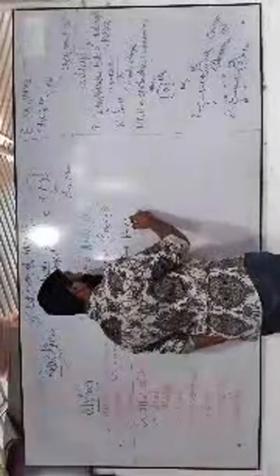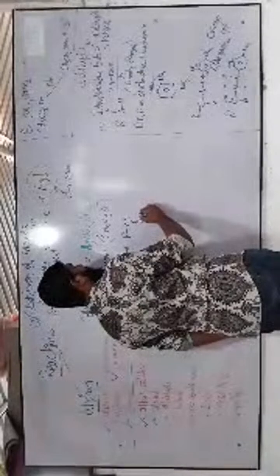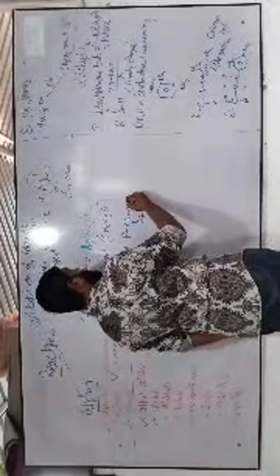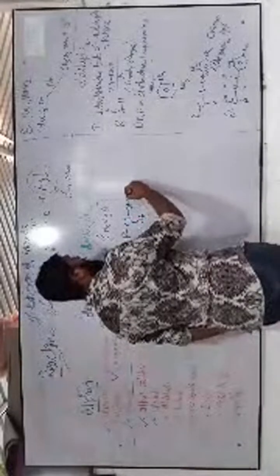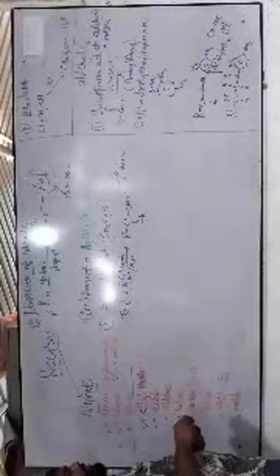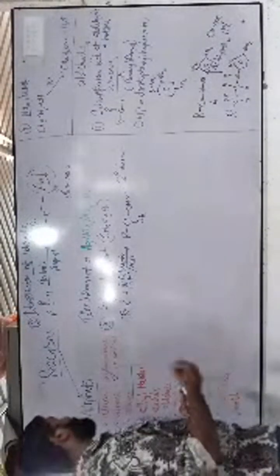You will get RCH, this H will be coming towards this side, then CH3 and OH over here. So what you are going to get is a secondary alcohol. That's what happens once you put Grignard reagent.